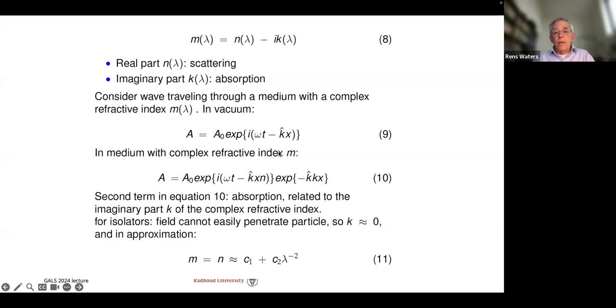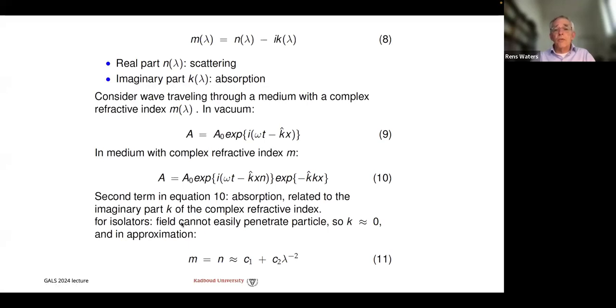And so the second part here, you can see this e to the power minus kx. So if you go into the dust particle deeper and deeper, the amplitude of your electromagnetic wave goes down. So you absorb radiation, and that energy is then dumped into the vibrational modes and the vibrations of the lattice. And then, for instance, for insulators, you can imagine that the field cannot easily penetrate.